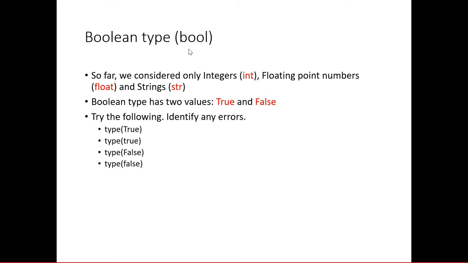For example, here True and False start with capital letters, right? T and F, right? So if you just put true in all lowercase, then you will get an error, right? So we have discussed int, float, string, and now we have another addition called bool, and in bool we have True, False, right?